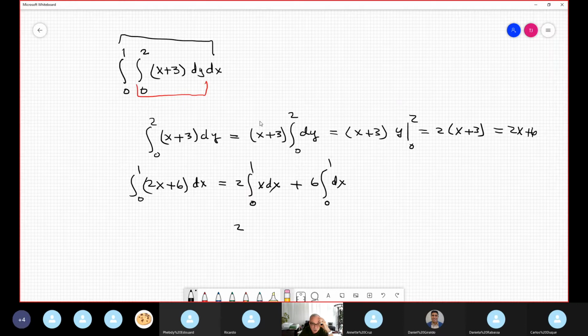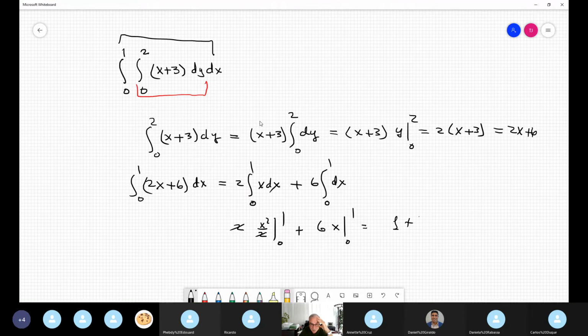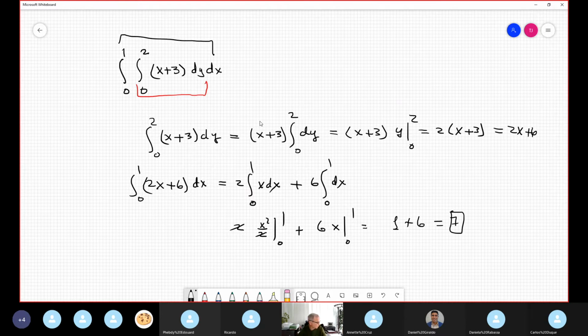This is 2 times x squared divided by 2, evaluated between 0 and 1, plus 6 times x, evaluated between 0 and 1. Okay, these two cancel. This is 1. This is 6, it's obvious, right? It's 7. Any question, guys? Super clear?